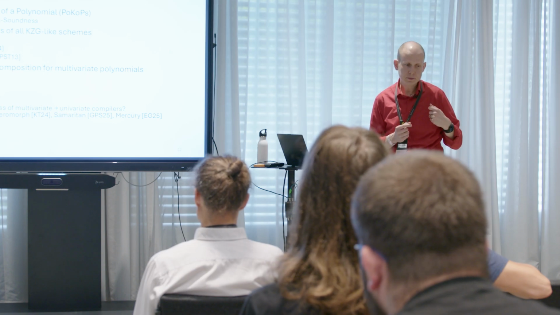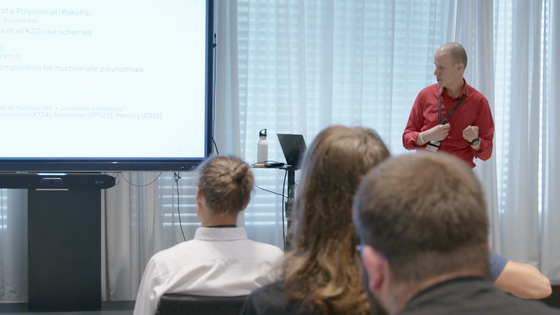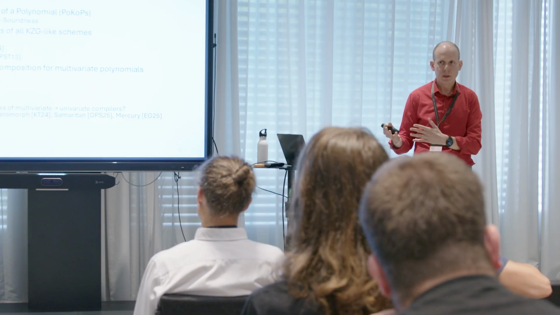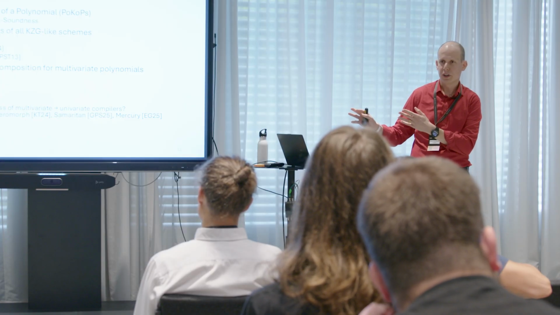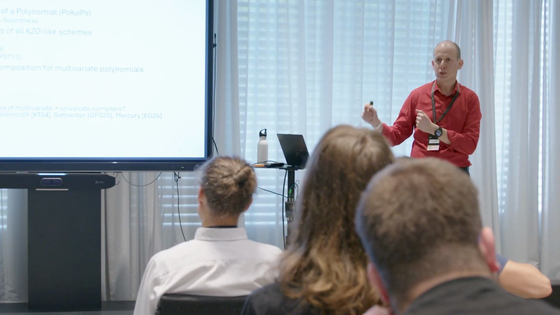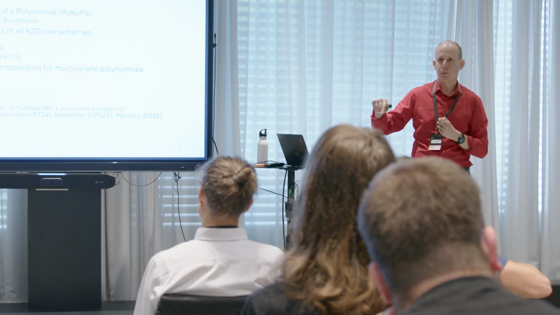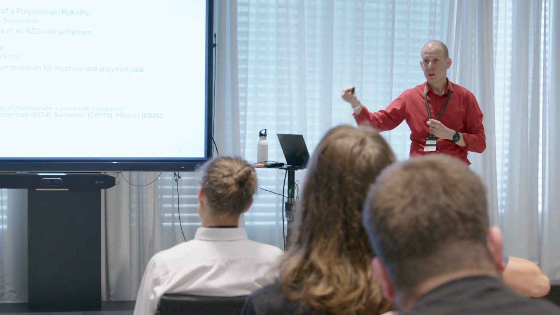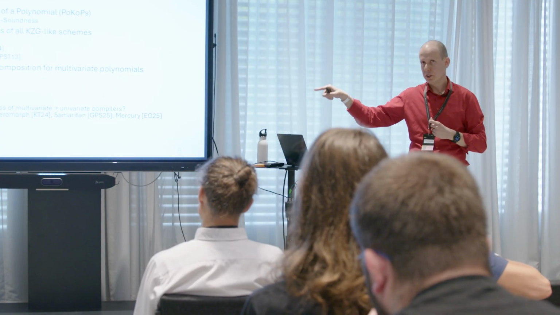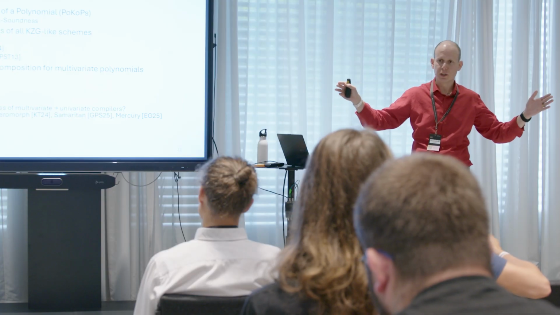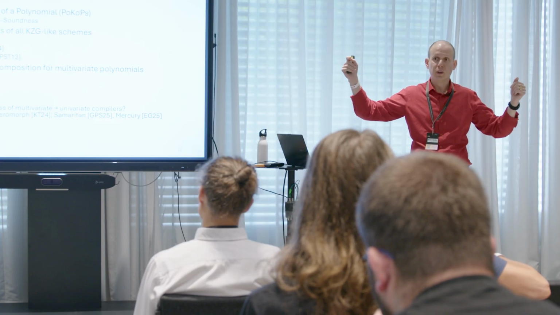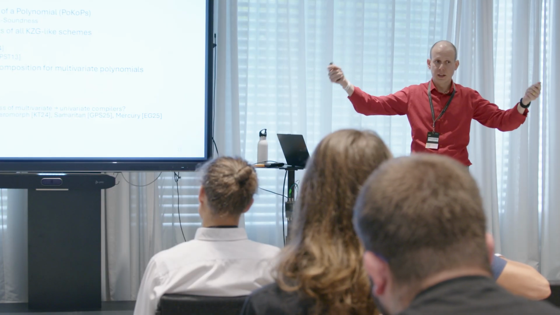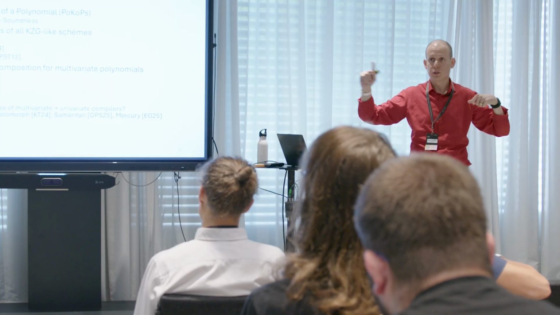Another important question: people don't like multivariate KZG that much, because the proof size depends on the number of variables. If you take a multilinear polynomial that represents a vector of size 2 to the 20, then you will have 20 variables. So suddenly the proof size is 20 group elements, not good.